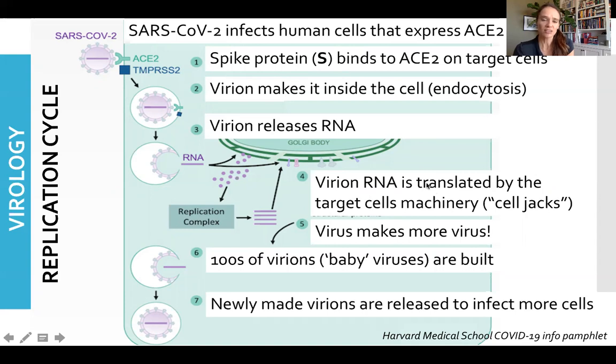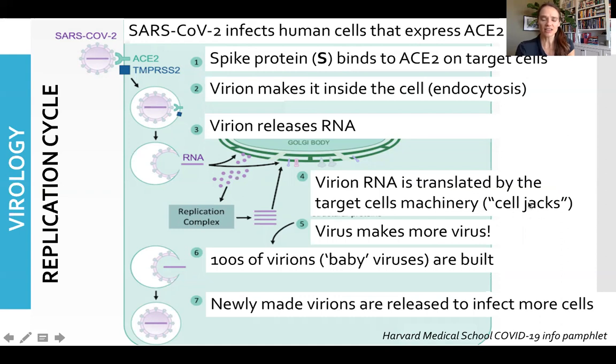And this is a process called translation, where messenger RNA, which is a positive sense, single strand of RNA, is read by ribosomes in the cell to make protein. So the virus is taking advantage of that cellular machinery to make protein for the virus.